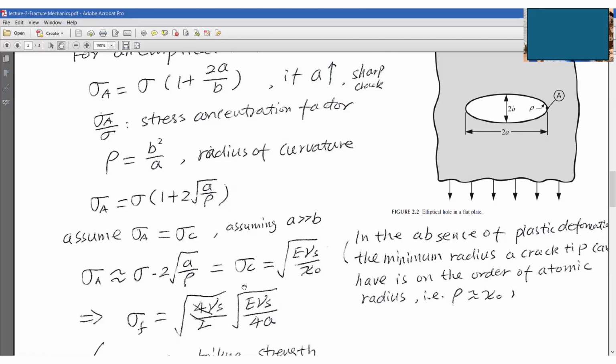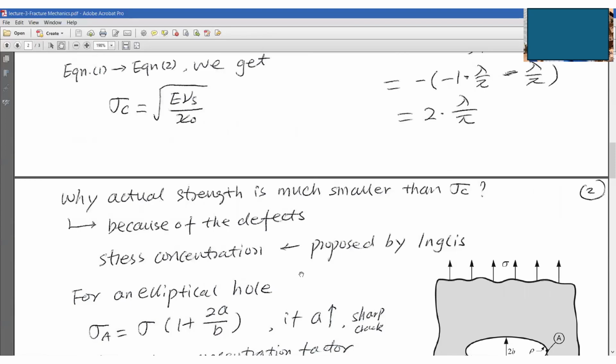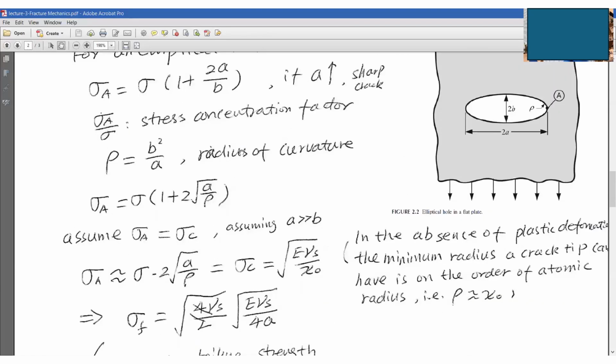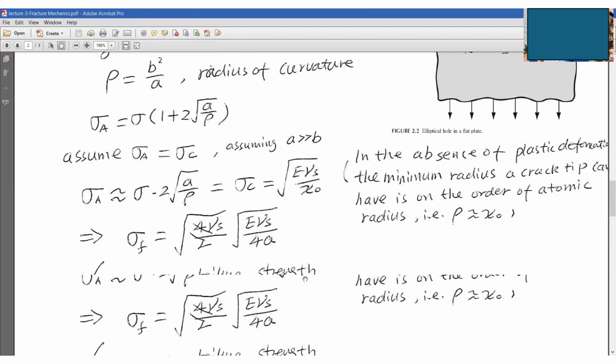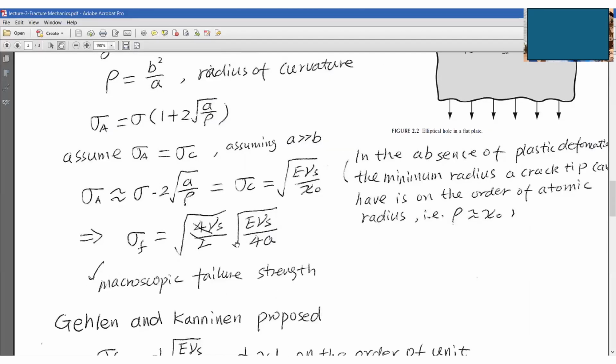So if we let this sigma A equal sigma C, and say sigma C is obtained already, which equals the square root of E gamma S over x0, right? And so we can see that sigma A equals this one, right?